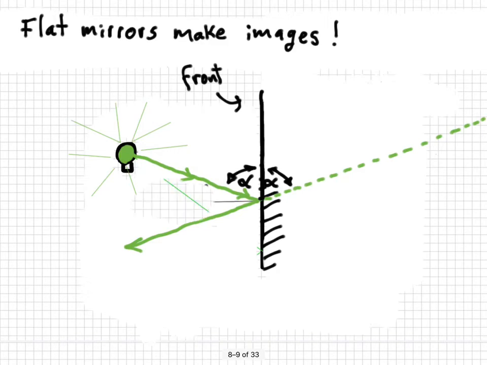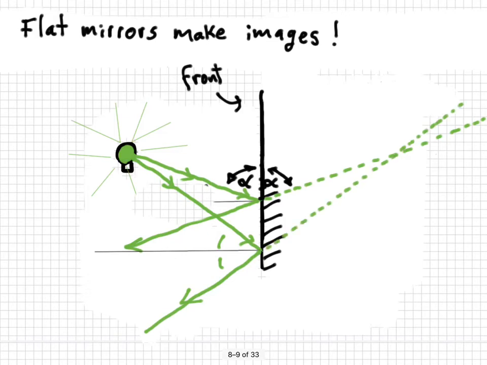Let's take a look at a different light ray, another light ray that hits the mirror at a different location. Again, the angle of incidence and the angle of reflection are the same. If we trace back that light ray, if we draw a line propagating behind the mirror, following the same direction of the reflected light ray, we notice that those 2 traced back lines are going to intersect at some point.